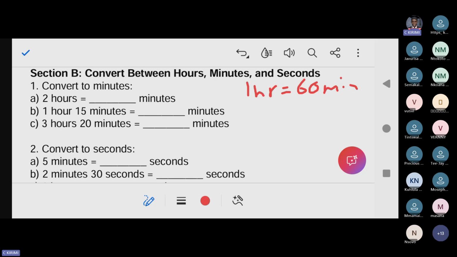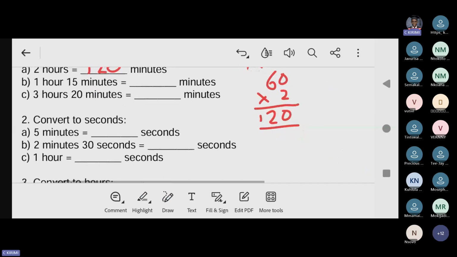So if I want 2 hours, it's 60 minutes times 2 hours. So when you multiply, 2 times 0 is 0, 2 times 6 is 12, that's 120. So our answer is 120 minutes.